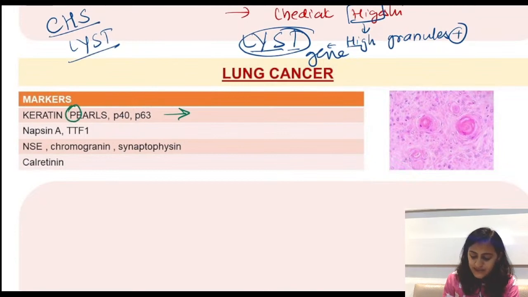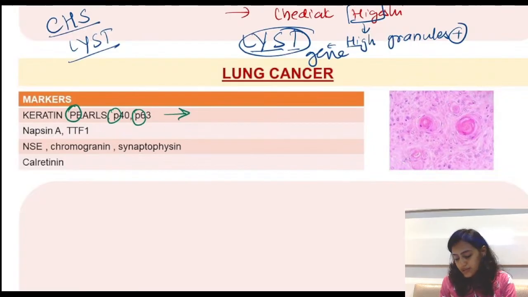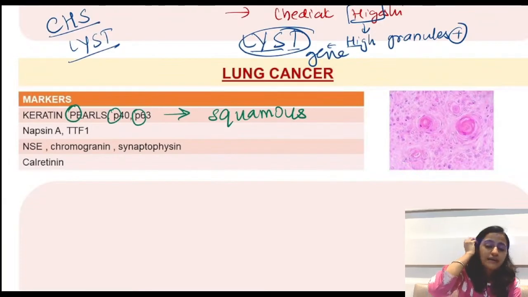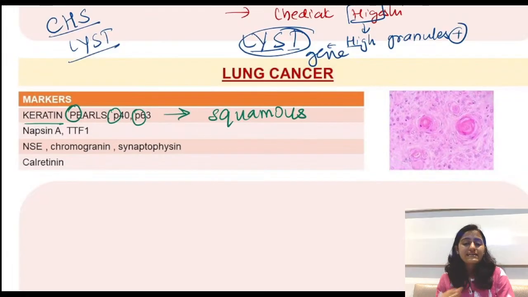This is seen in squamous cell carcinoma. Based on the markers, you should be able to identify that this is squamous cell. Where is keratin present? Keratinized, stratified squamous epithelium. So this is squamous cell carcinoma.